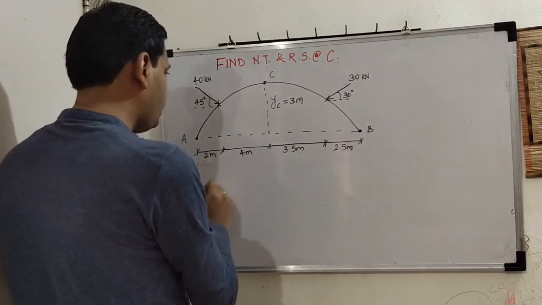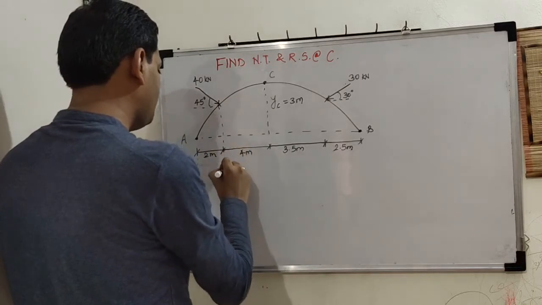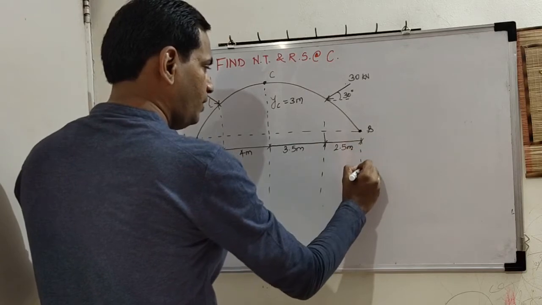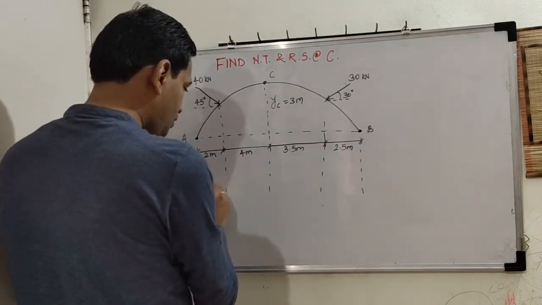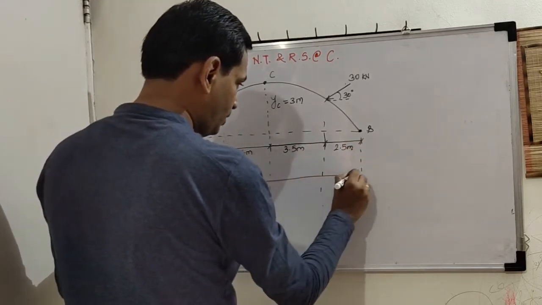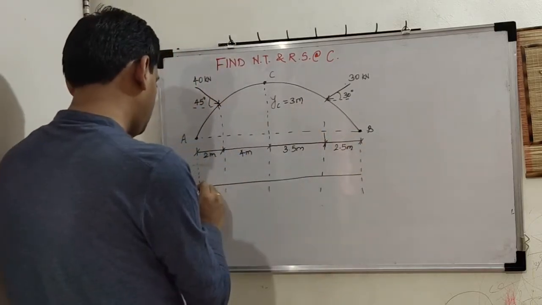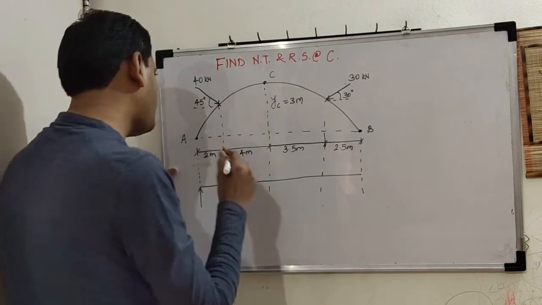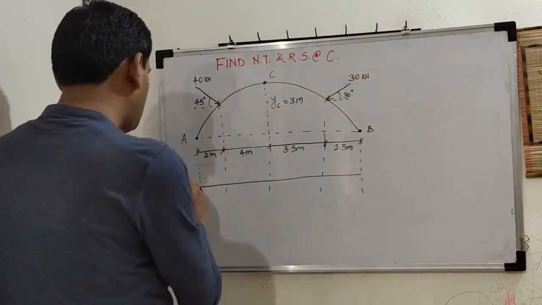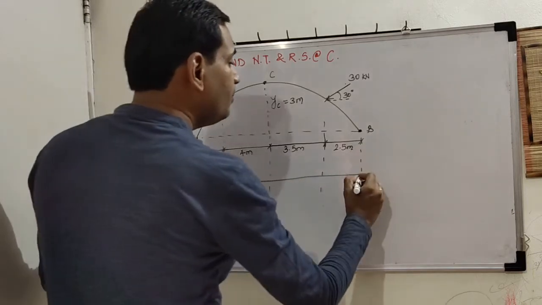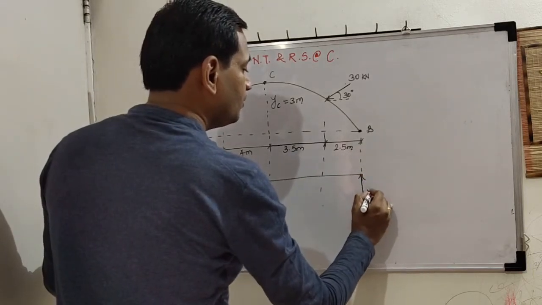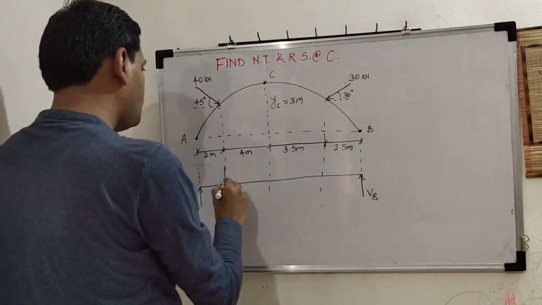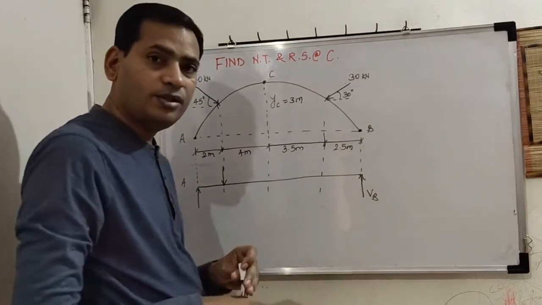So again we are going to consider this given arch as simply supported beam. Now we will convert or replace this inclined force with two components of each force. So when we are finding vertical forces, only vertical components will come into picture. So on beam we will show only its vertical components, 40 sine 45.